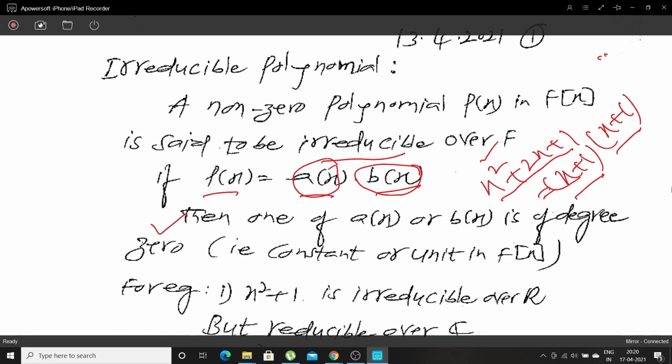That is possible only when it is a constant polynomial. Constant polynomial means x to the power 0, or a unit. For example, if we have 1, then we write it as x to the power 0. Okay. Now we'll take examples.